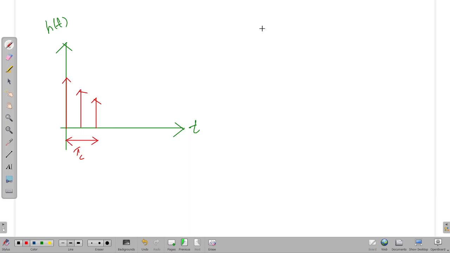So we are taking the case when the symbol duration, which I denote by t, is less than tc. Let's say t is just this.